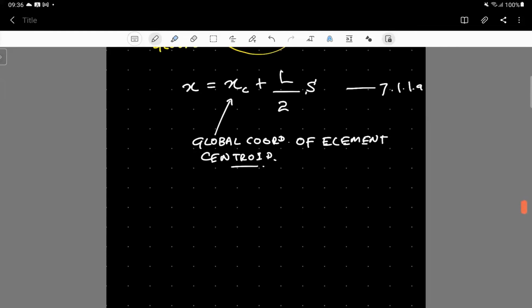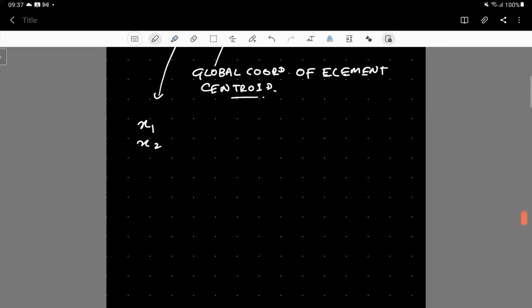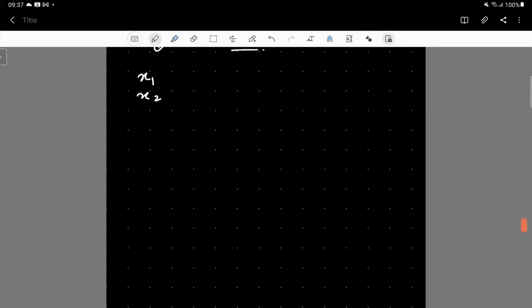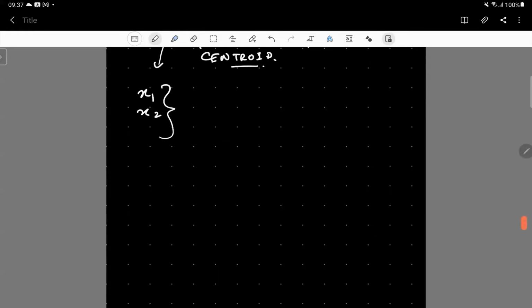And when we use equation 7.1.1a, you can substitute the x1 value and x2 value and express the relationship between the s terms and the x terms, meaning the natural coordinate system and the global coordinate system. When you solve it, you can do it on your own and check.